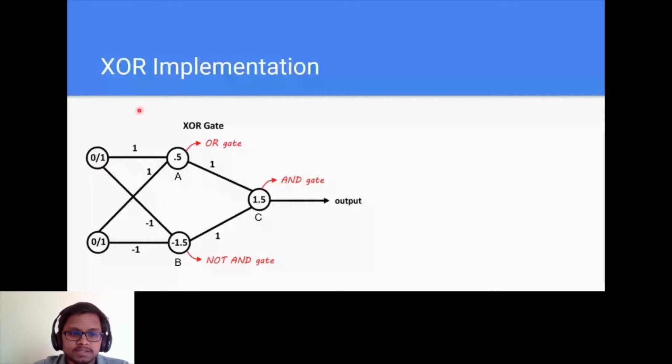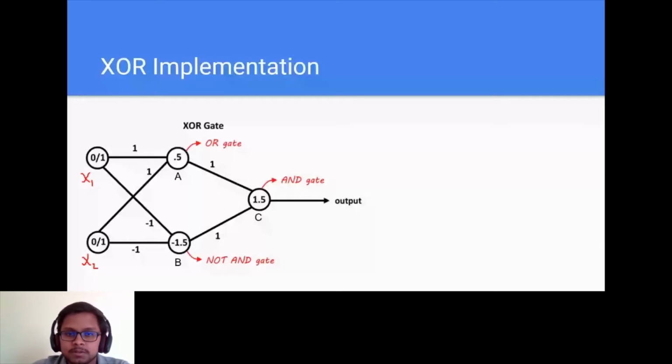So if this is our X1 and this is our X2, and we are taking an input from X1 to A, the weight is 1. From X2 to A, the weight is also 1. When we are considering the input X1 for the neuron B, we are taking in a weight of -1. And for the next one as well, we are taking in a -1.